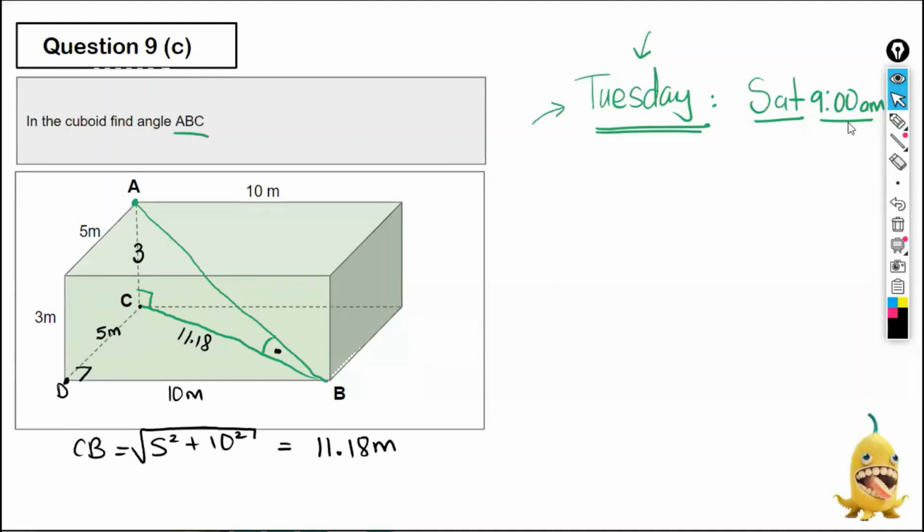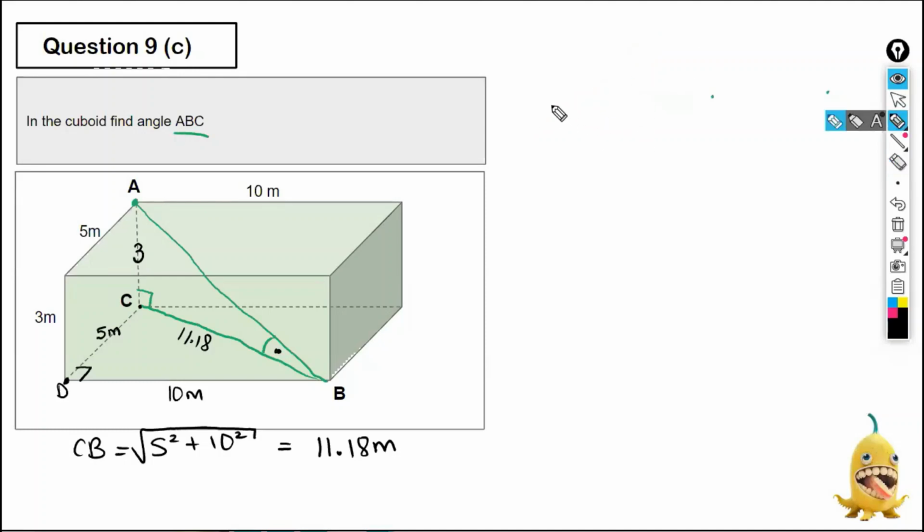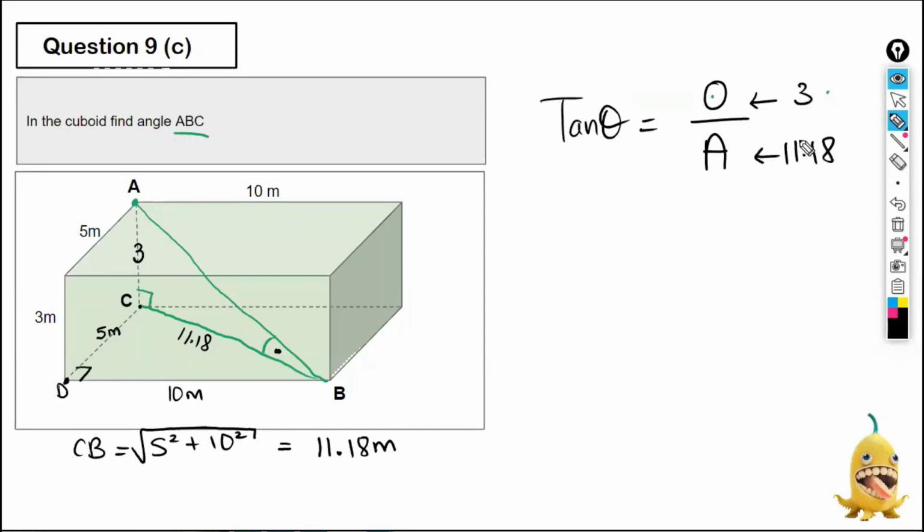So that is definitely tan, because tan is opposite over adjacent. So tan theta is opposite divided by adjacent. The opposite side is 3, the adjacent is 11.18. Divide it and tan inverse your answer, and that will be the end of the question.